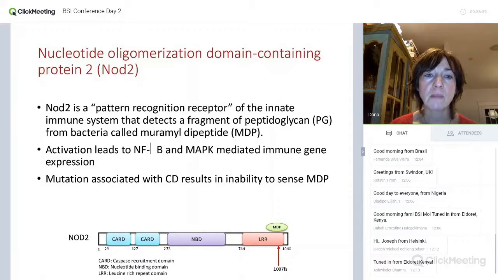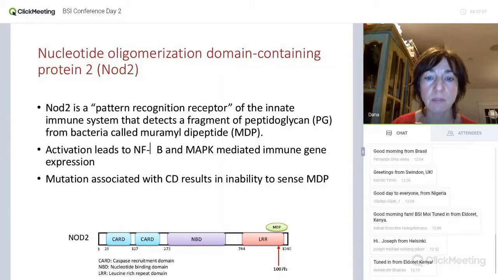So once MDP interacts with Nod2, its activation leads to NF-kappa B and MAP kinase mediated gene expression. And an interesting mutation we showed a few years ago that's associated with Crohn's disease results in an inability to sense MDP.